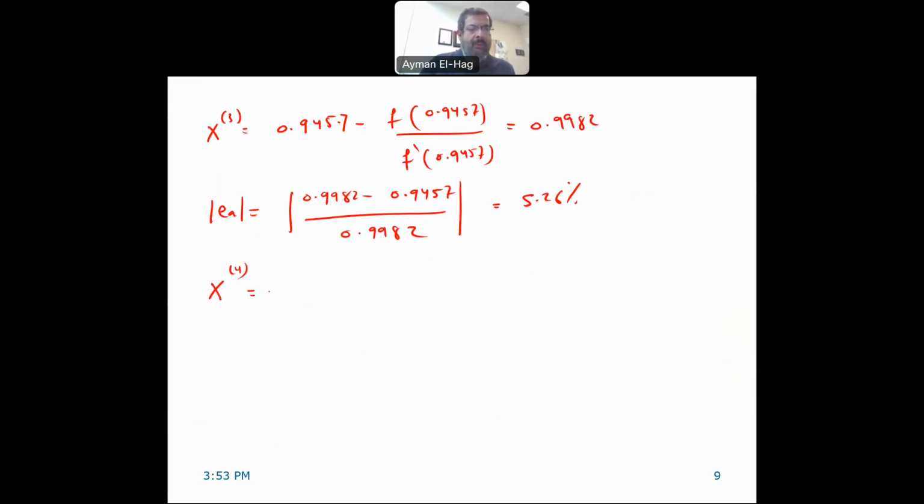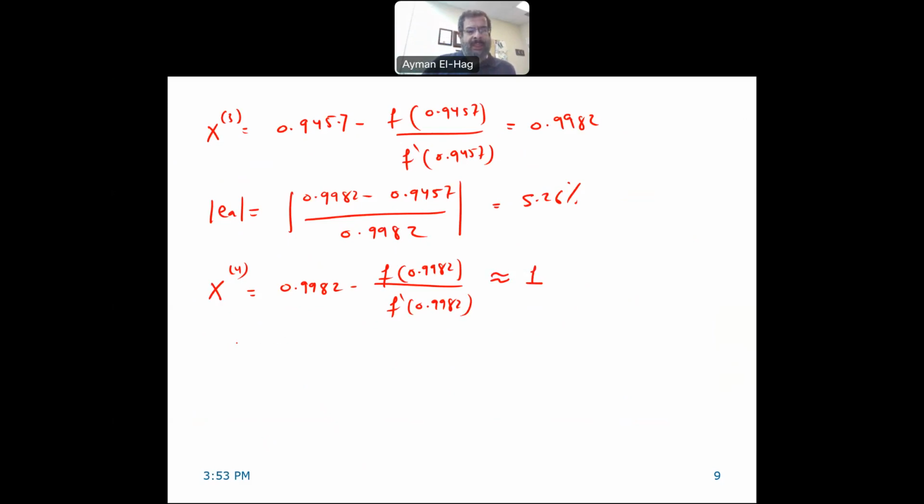And then we want to find x4, which is equal to 0.9982 minus f of 0.9982 divided by f prime of 0.9982. And this will give me approximately a solution of 1. It was 0.9999998, so we can say it's approximately equal to 1.